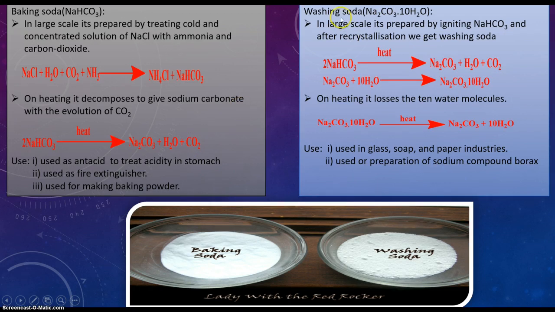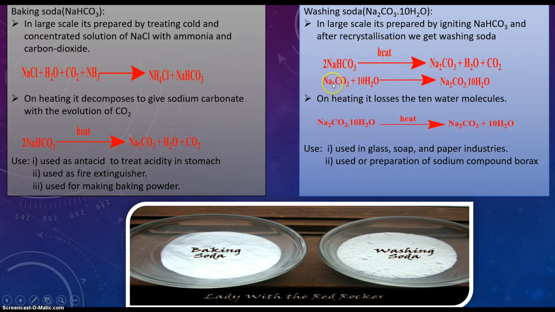Now in case of washing soda, that is another important substance. First of all, what is the formula? Na2CO3 10H2O. So it is obtained by heating sodium bicarbonate, as we have already discussed. We have already discussed that sodium carbonate is obtained by heating sodium bicarbonate, right?